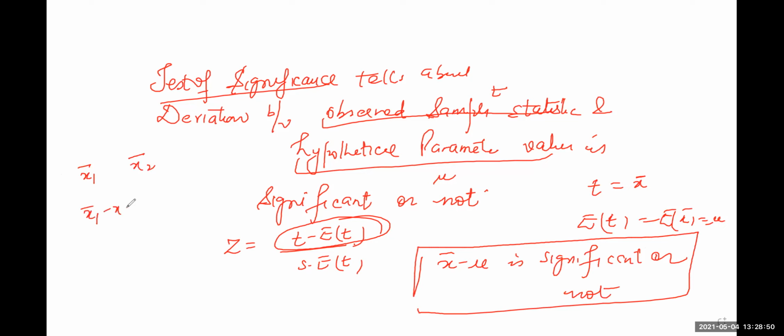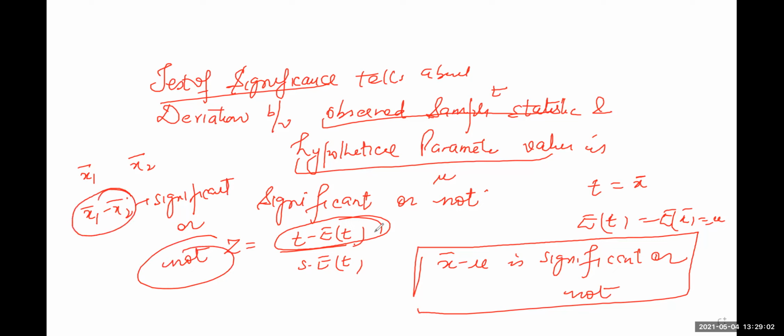If I want to check whether इन दोनों के बीच का जो डिफरेंस है वो सिग्निफिकेंट है कि नहीं है, for all of this, the difference between and the deviation between the sample and the hypothetical parameter value is significant or not, it is checked by the test of significance. So this is the difference between the sample statistic and the hypothetical parameter value, and this is the difference between the two independent sample statistics.